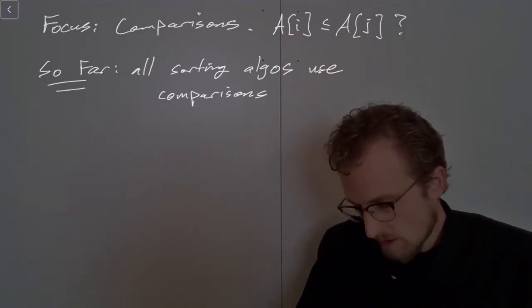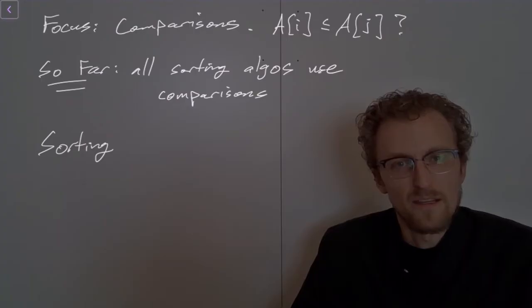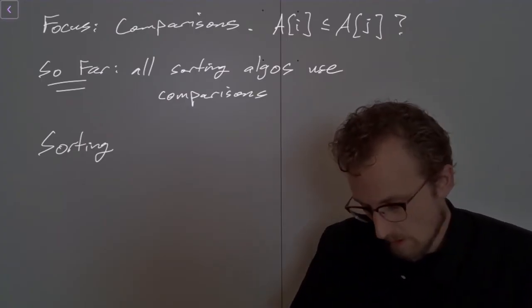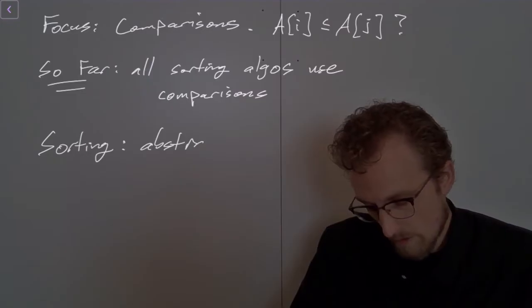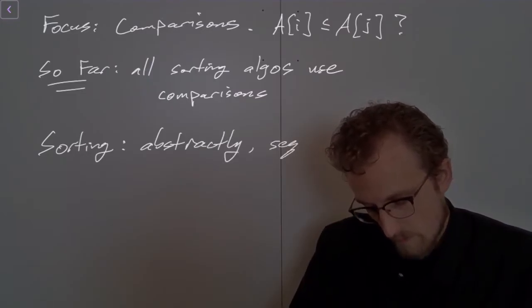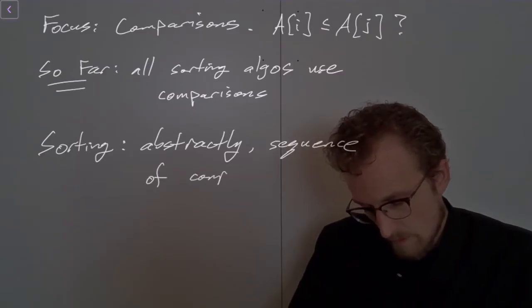So let's abstractly think of sorting, at least comparison-based sorting. This turns out to be important. Sorting is abstractly a sequence of comparisons.